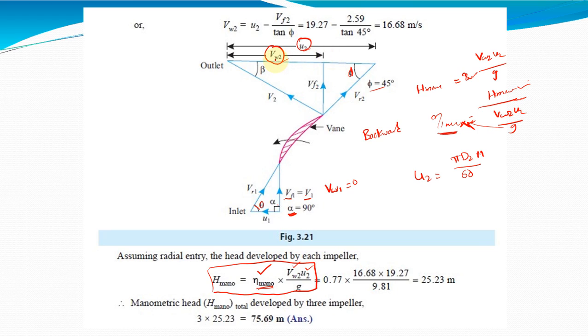To calculate VW2, you need the beta value and the VF2 value, or else if you can calculate this component, then U2 minus this component will give you VW2. Suppose this component is X, then VW2 will be U2 minus X. So how do we calculate this X value from the given data?